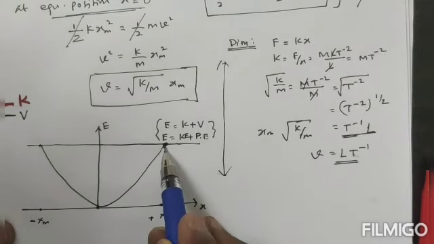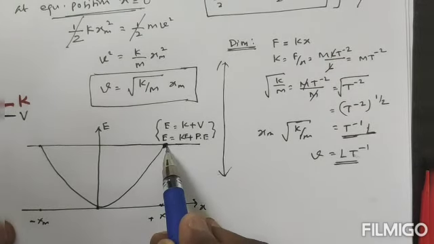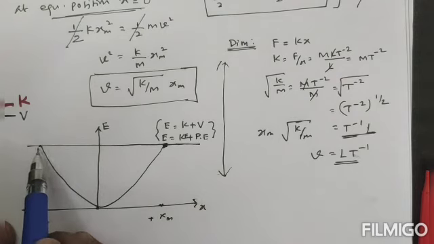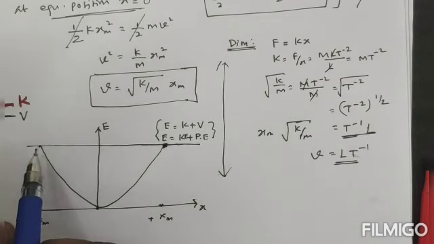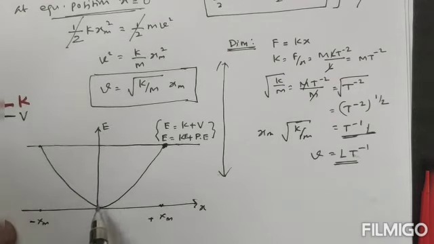See that potential energy is maximum, and this side also potential energy is maximum. What about in the center? Potential energy is 0. At the equilibrium position, the potential energy is 0.